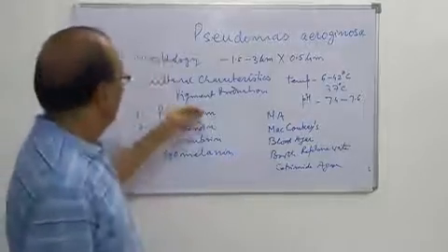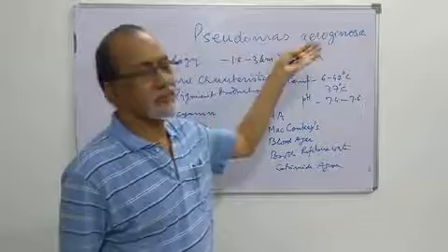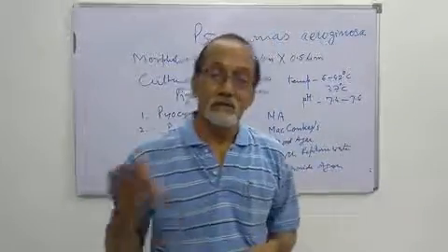These are the 4 types of pigments produced by Pseudomonas aeruginosa in culture.